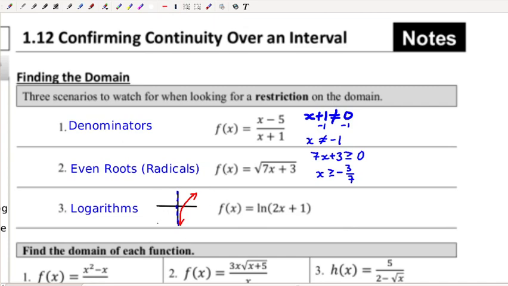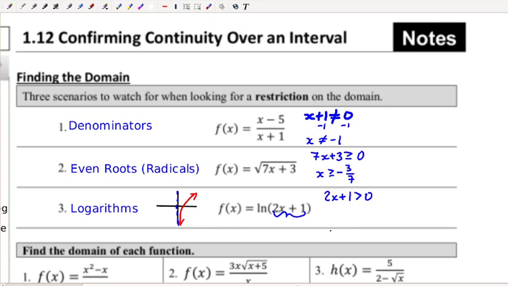So when I'm looking at my logarithm, I can see that the domain is all the positive values of x, excluding 0 and excluding negative values. Whatever's inside my logarithm is going to be greater than 0. Very similar to a root, but in this case only greater than 0, not greater than or equal to 0, because I cannot take the log of 0. There's an asymptote there. I never actually get to the value of x equals 0, so I've got to exclude that.